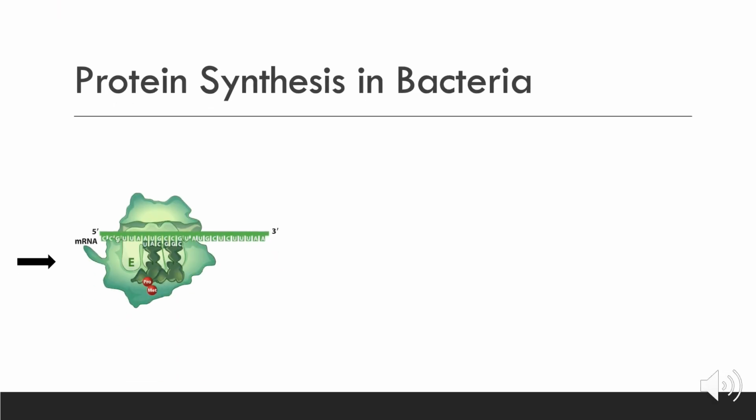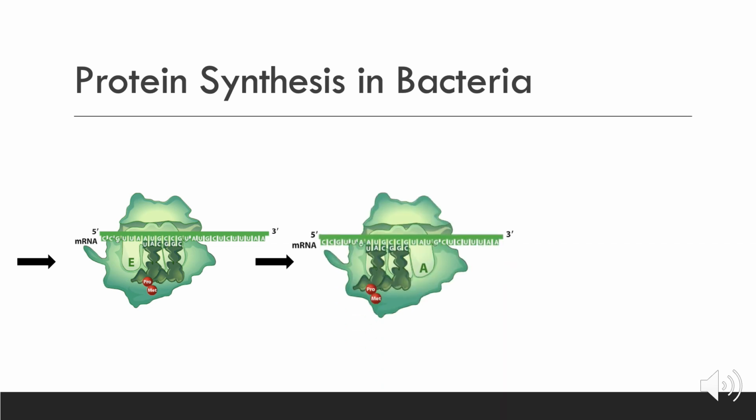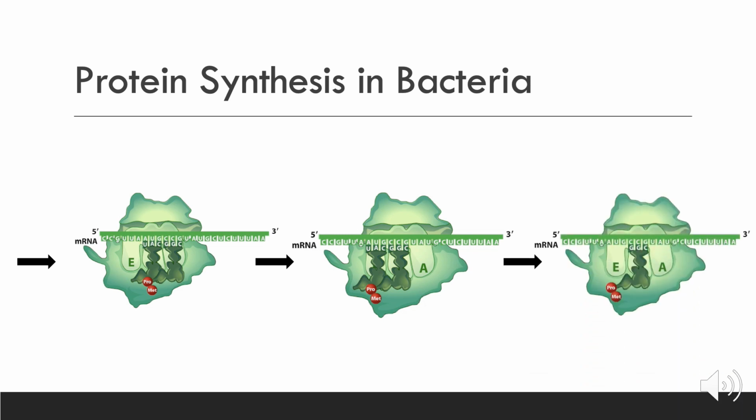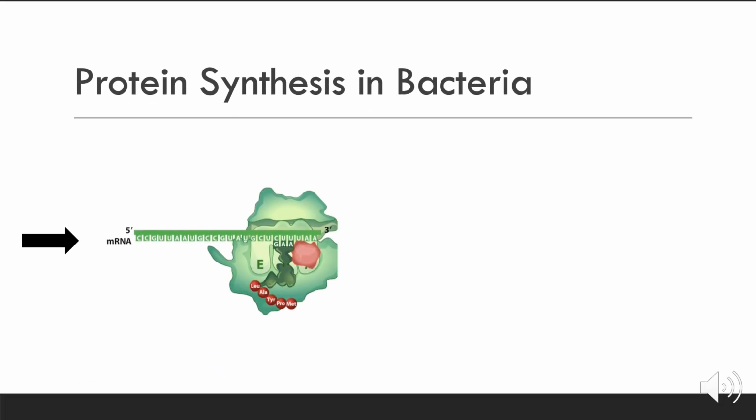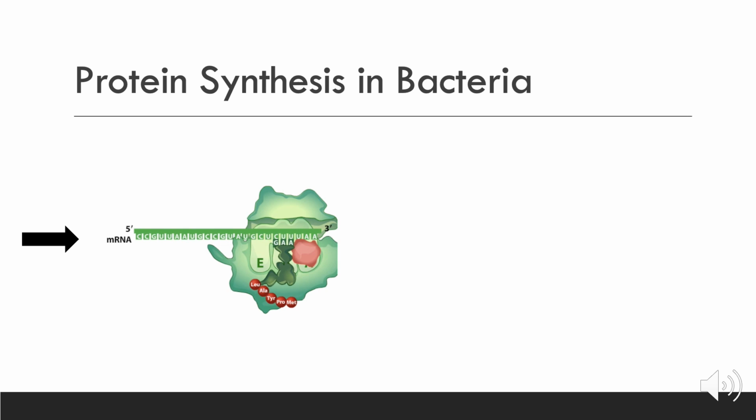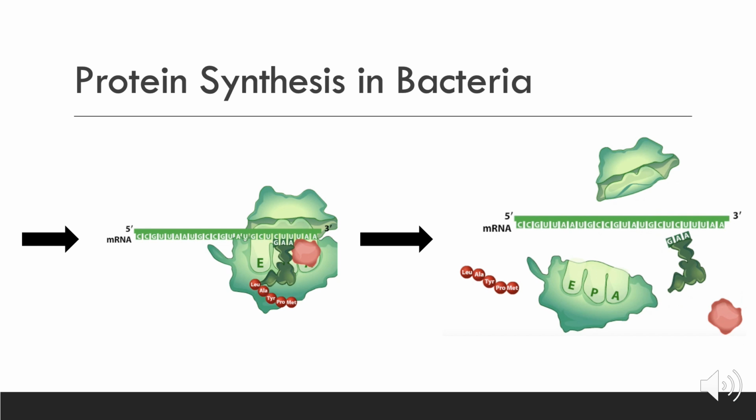A peptide bond then forms at the P site between the old amino acid and the new amino acid. The bonded amino acids then shift to the E and P sites. The empty tRNA then exits at the E site, or exit site. This process continues as the polypeptide chain is elongated until it reaches a termination sequence and the components dissociate.